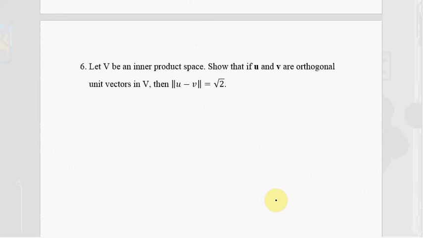So if a vector is a unit vector, that means what? Its blank is equal to blank. If a vector is a unit vector, then its norm is equal to 1. Doesn't that define a unit vector?